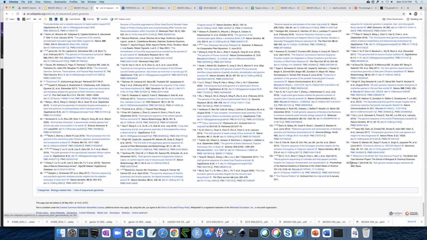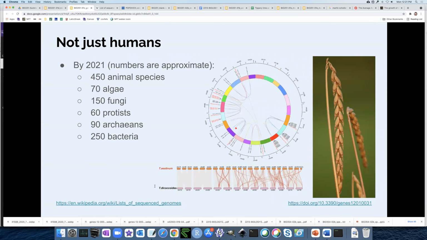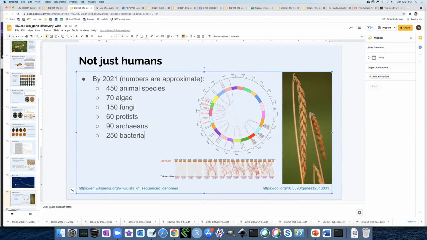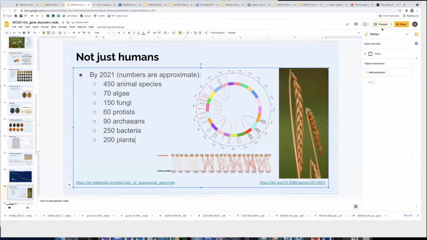So 193 references. A lot of these are the titles of papers that are talking about the release of a genome. So I'm going to say there's about 200 of those. Oh my gosh. All right, well now we've got plants on there.